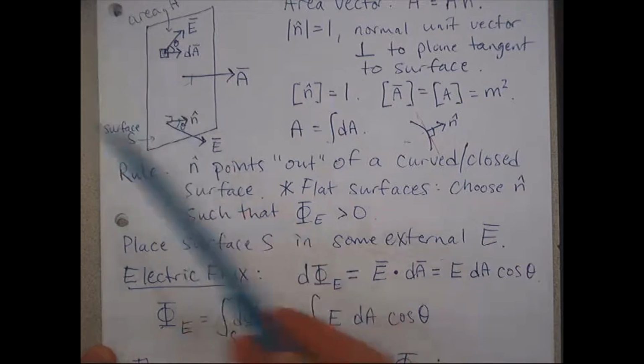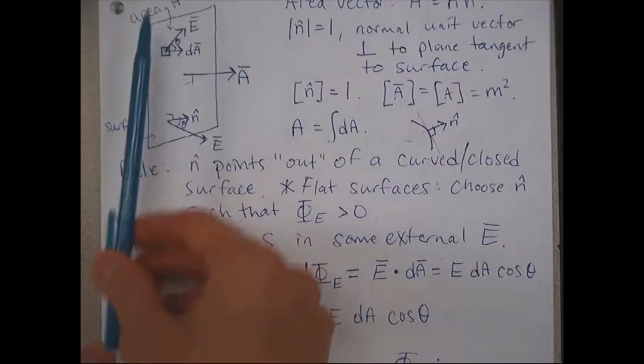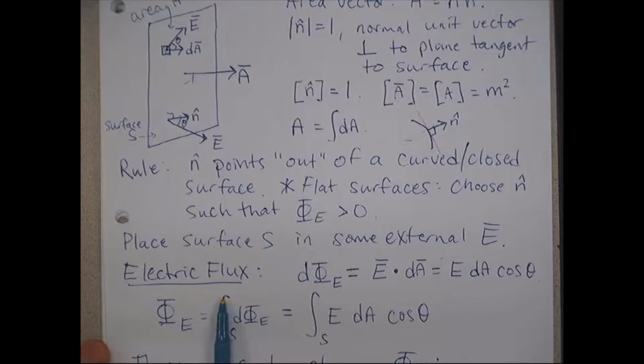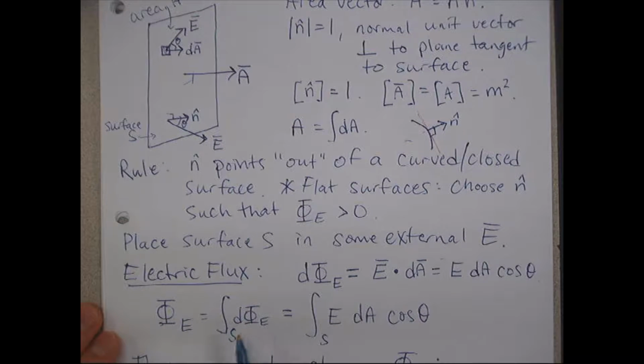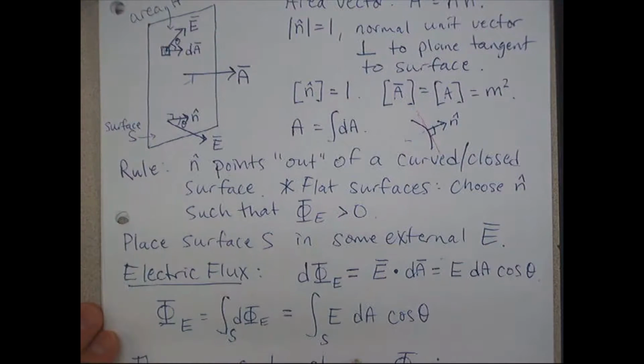The total flux through the area A here, or surface S, which has area A, will be a surface integral, indicated by this subscript S, of dΦ_E, the individual fluxes through each patch of area. Right? So we're adding up the infinitely many small fluxes through each patch dA, integrating up E dA cosine of theta.